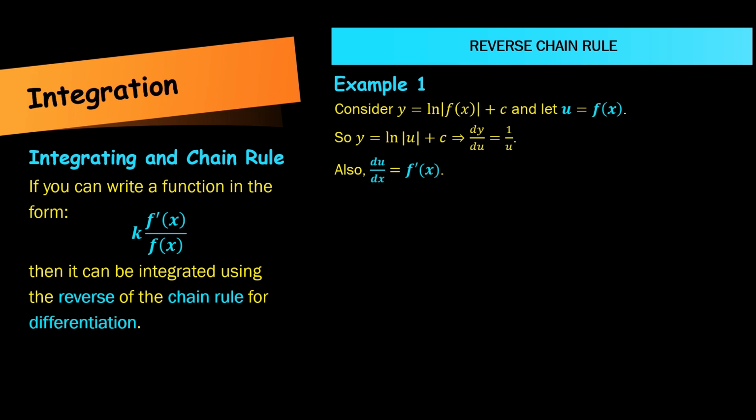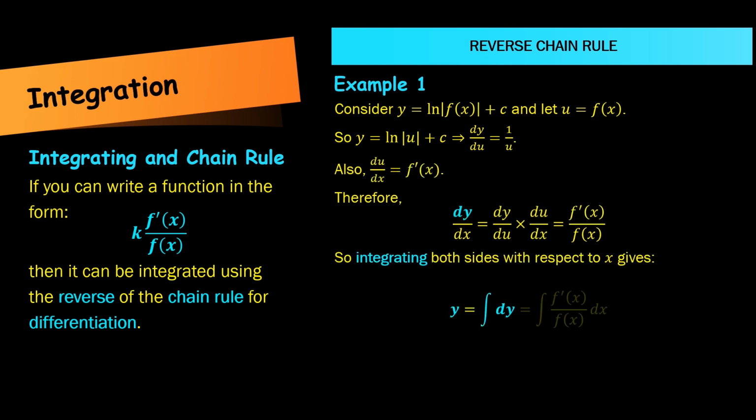We also have that du dx equals f dash of x. And so, using the chain rule, we have that dy dx equals dy du times du dx, which is equal to 1 over f of x times f dash of x.